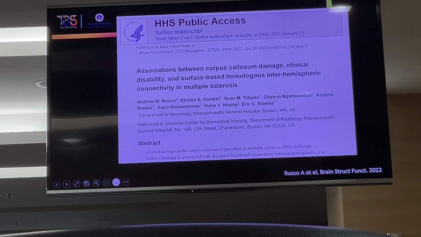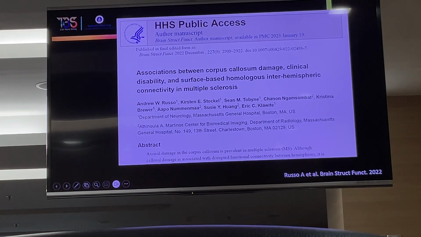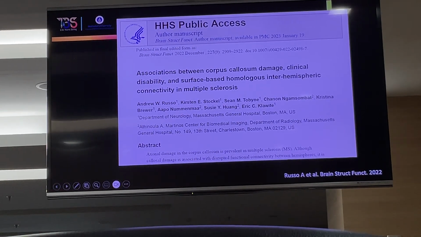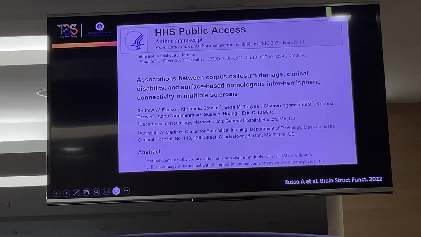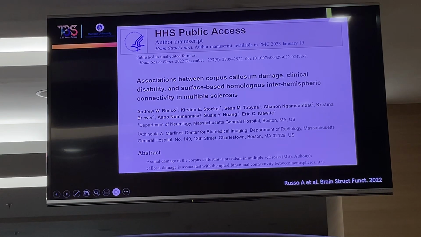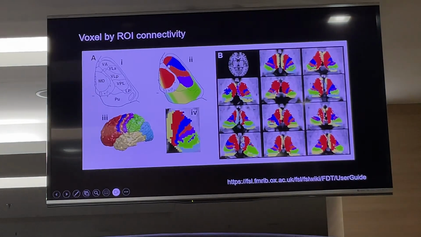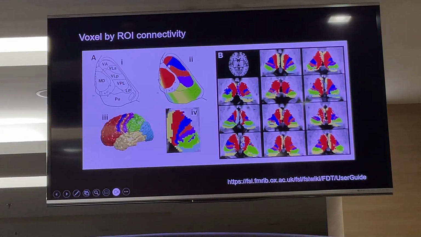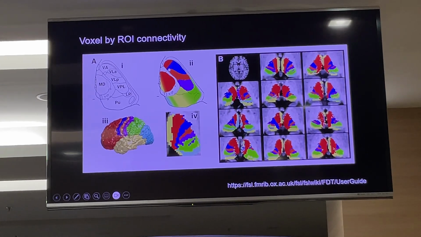This is another work from Andrew, our colleague. He conducted a study on the association between CC damage and clinical measures, and also analyzed the surface-based homologous interhemispheric connectivity in MS. The basis of diffusion connectivity is that you can evaluate the probability of connectivity between one thing and another.